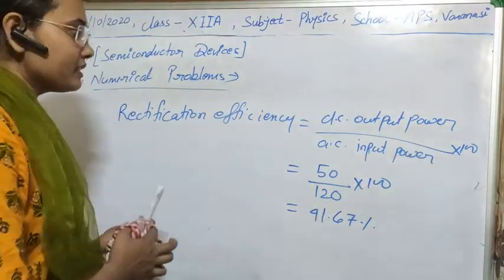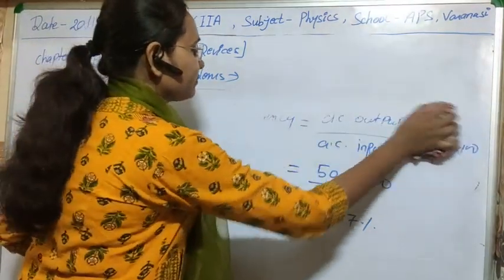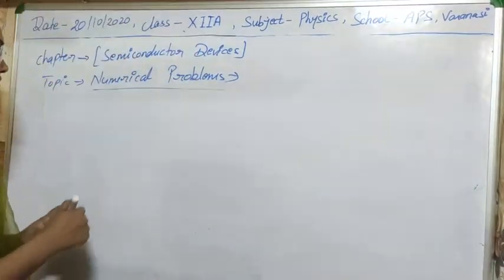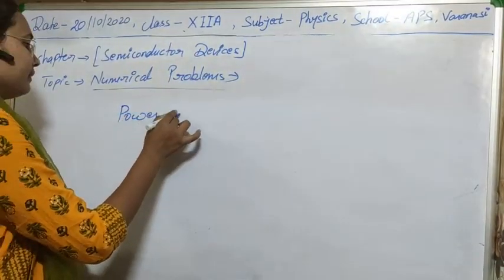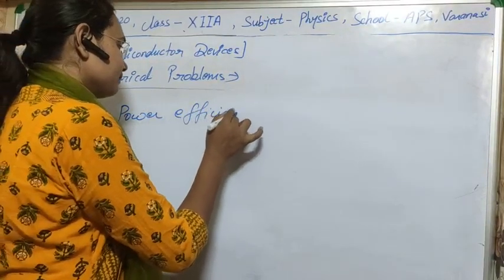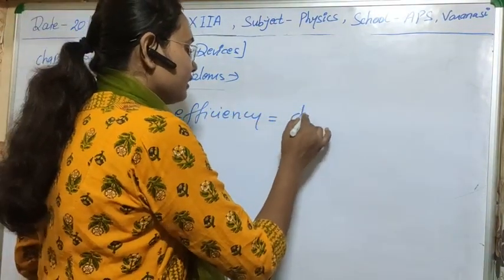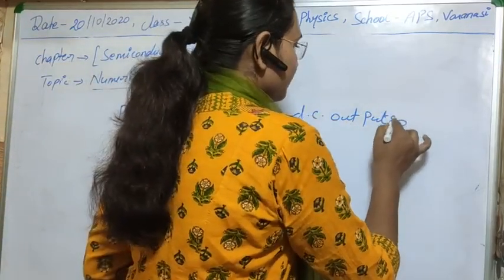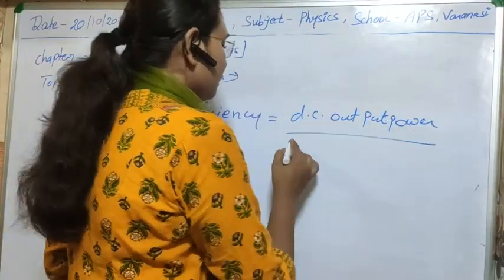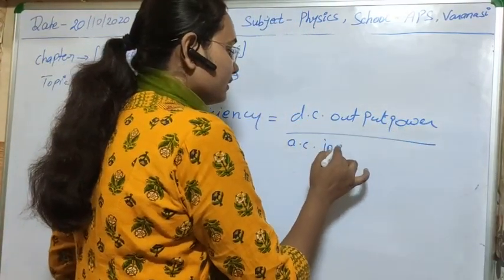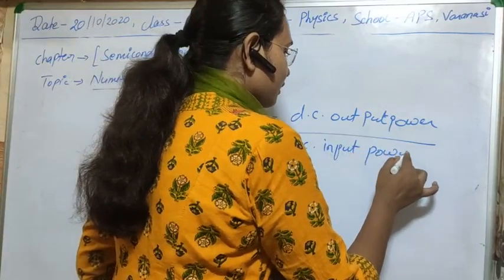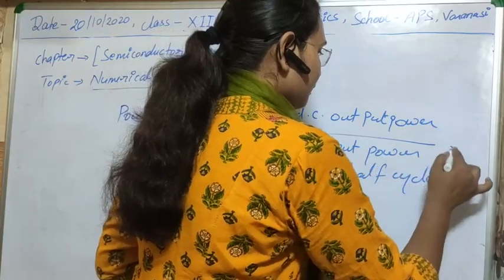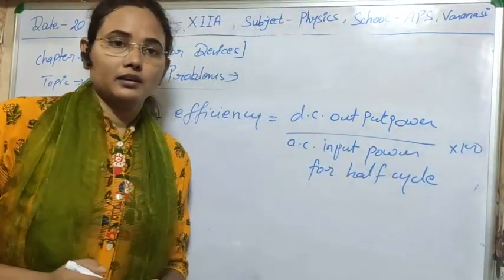So what is power efficiency? See that. Power efficiency is given by DC output power to the AC input power for half cycle into 100.